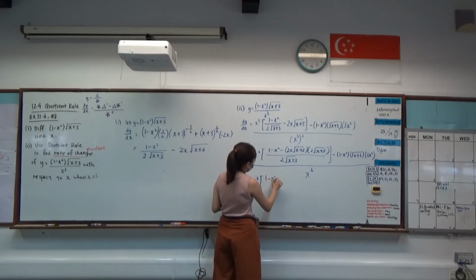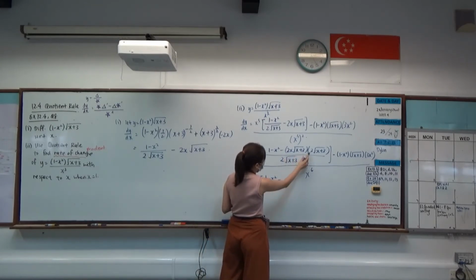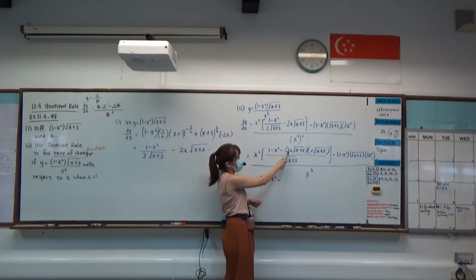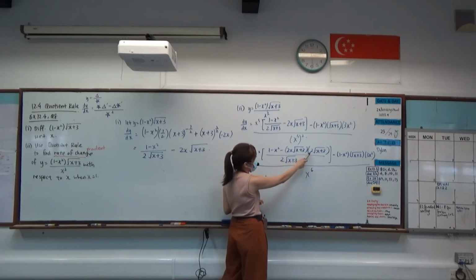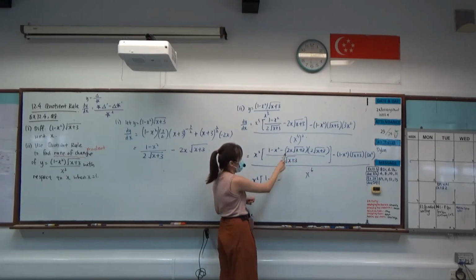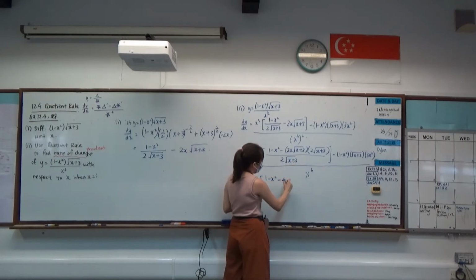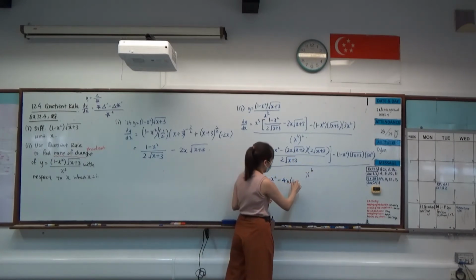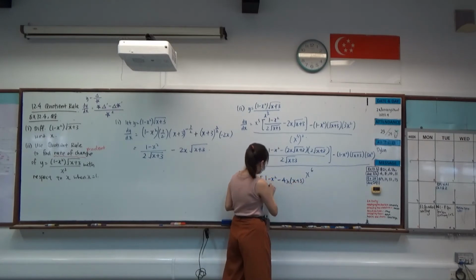1 minus x squared minus away 2x. These are all multiplication, yeah? 2x times square root x plus 3 times 2 times square root x plus 3. So 2x times 2 give me 4x. Square root x plus 3 times square root x plus 3 will give me x plus 3. So at least we have shortened things by a little bit.